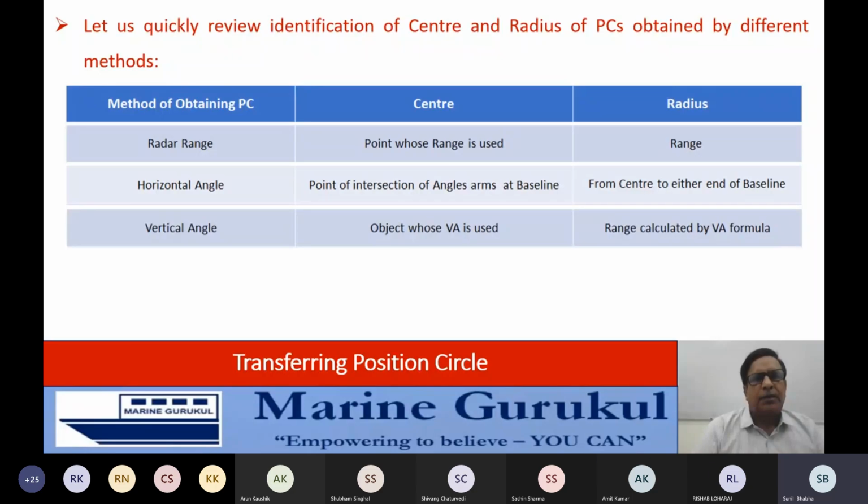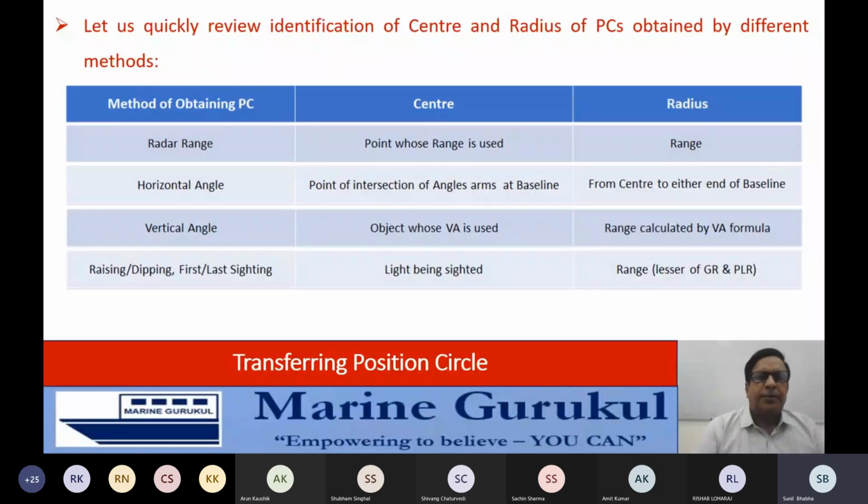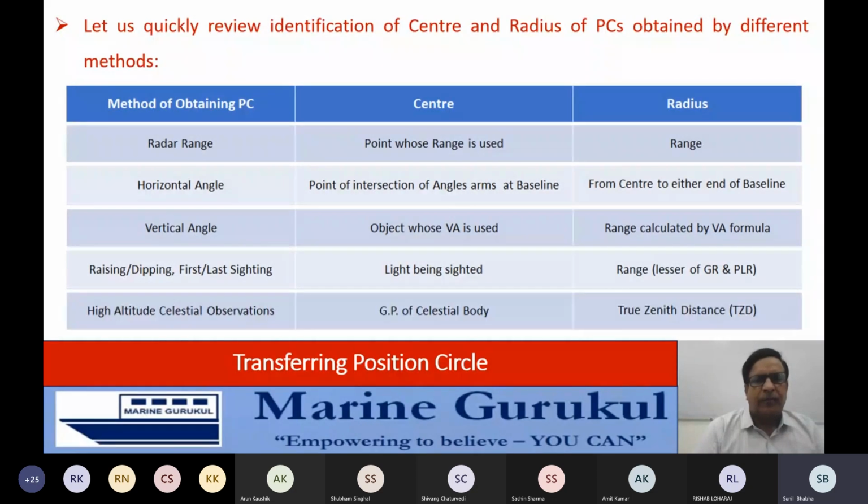Vertical angle: the object whose vertical angle has been measured is the center, and the range calculated by the vertical angle formula that we learned under the position circles is the radius. Raising, dipping, first sighting, last sighting of the lights: the center is the light being sighted, and the sighting range, which is the lesser of the geographical range and the present luminous range, constitutes the radius.